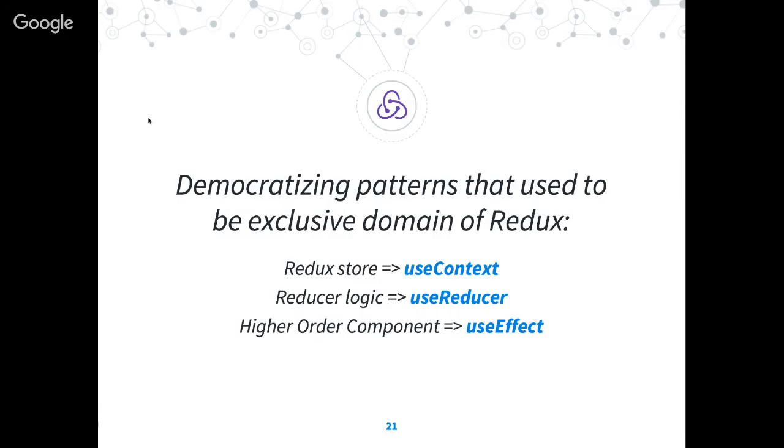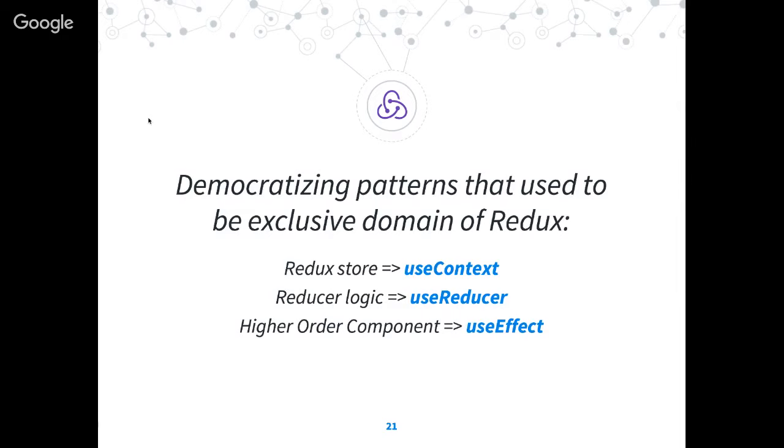But from a Redux perspective, what I love about hooks is it's basically taking patterns that, if you wanted to take advantage of, you really had to use Redux, and now letting you use them in much simpler components. There's a lot of stuff that used to be magic in Redux that's now trivial in hooks, right?